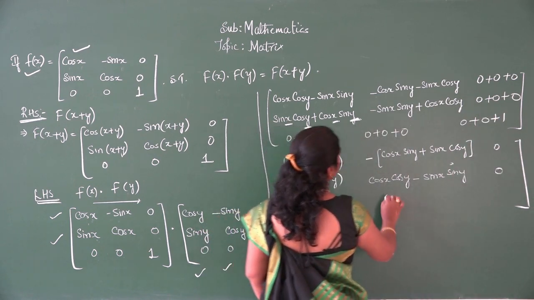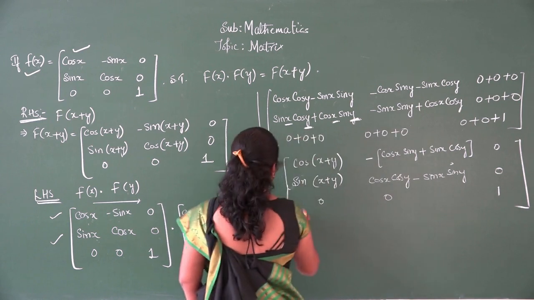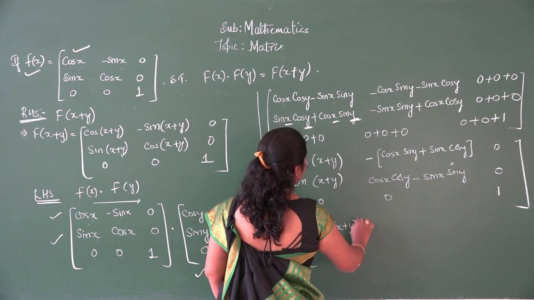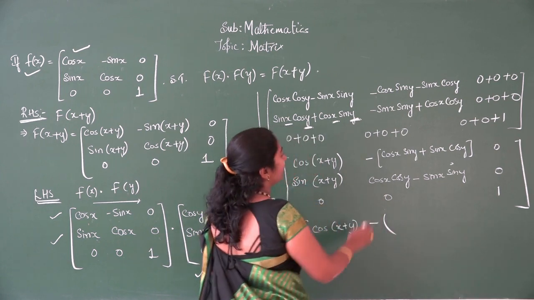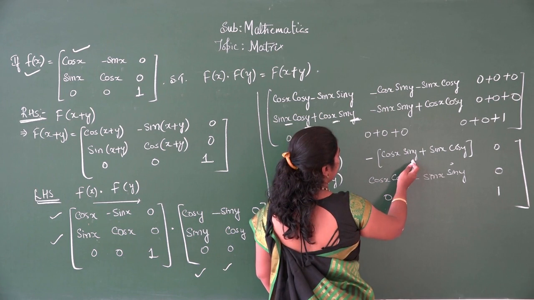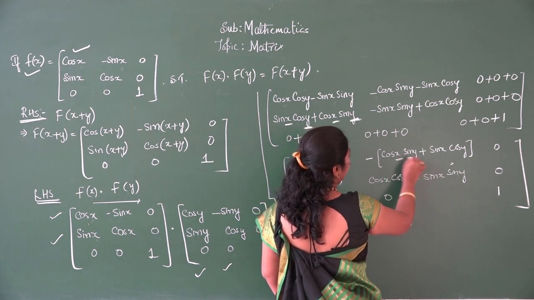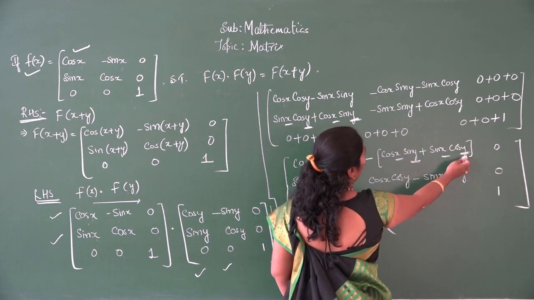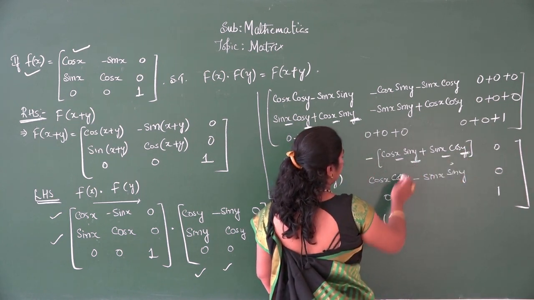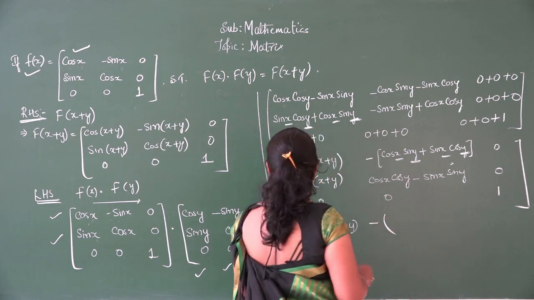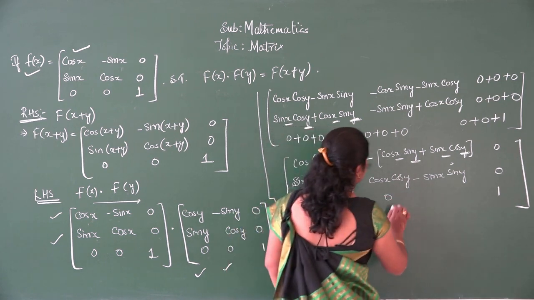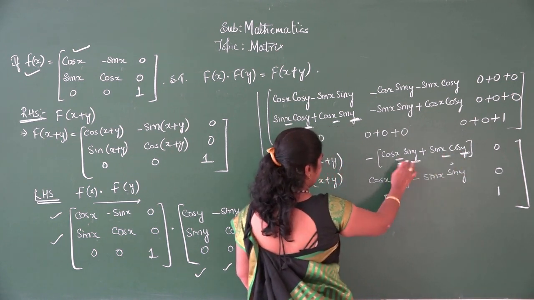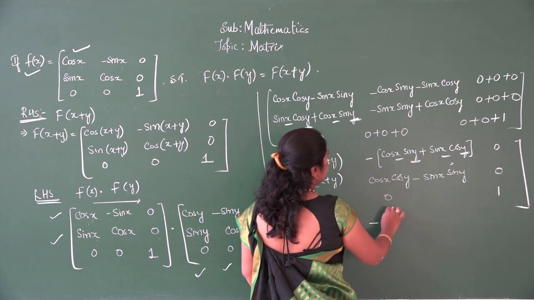This is 0, 0 and 1. Now, the final answer will be cos of x plus y. When you take the minus sign out and interchange the terms, sin A cos B plus cos A sin B can be written as sin of A plus B. This minus sign remains as it is.